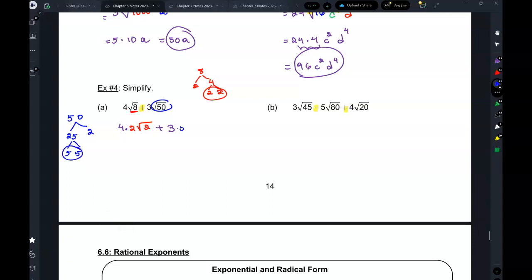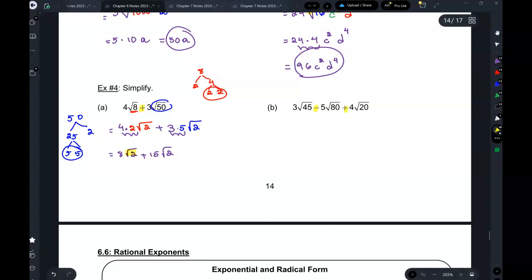A pair of 5's comes out, 2 stays in. I have 8 root 2 plus 15 root 2. Now look, the roots are identical. If they're identical, they are like terms. That means I can just combine the coefficients. 8 plus 15, 23 root 2, and that's the answer.